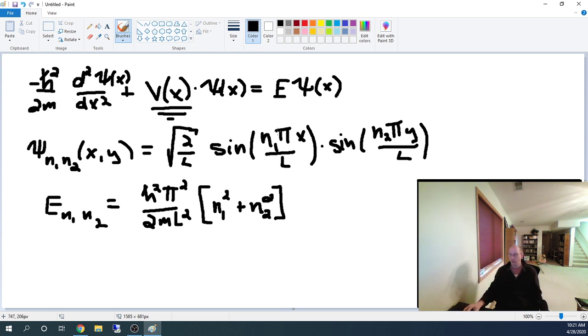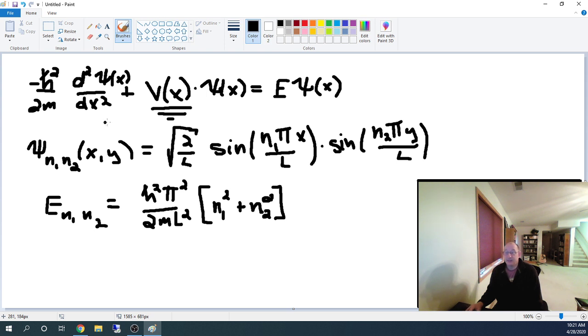So it's two different wave functions, but they have the same energy, no matter whether n1 is 1 and n2 is 2, or n1 is 2 and n2 is 1. That's what we call degeneracy. So that's an important thing to note, and the idea of degeneracy ended up being really important.